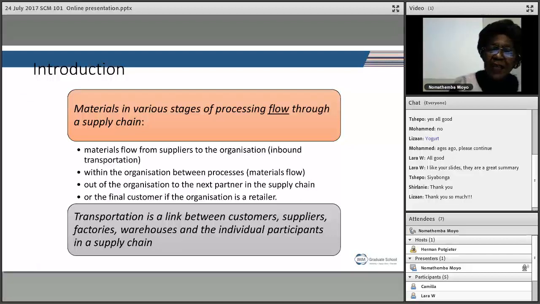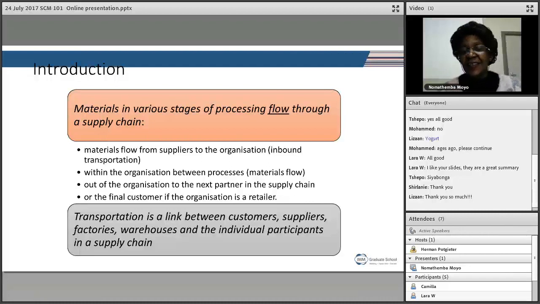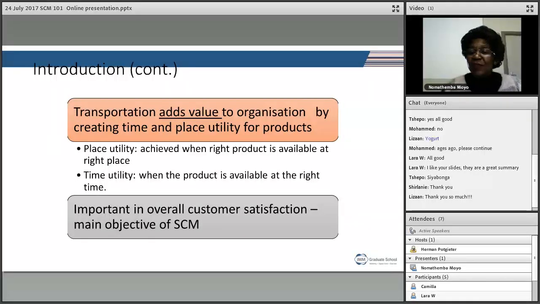Then from out of the organization to the next partner in the supply chain, that becomes outbound. Or to the final customer is outbound. So transportation is the link between customers, suppliers, factories, warehouses, and individual participants in the supply chain.